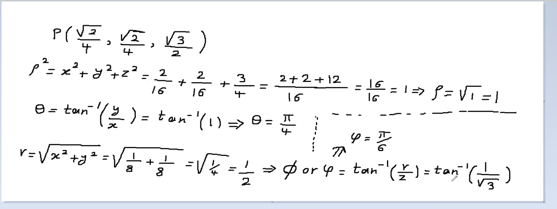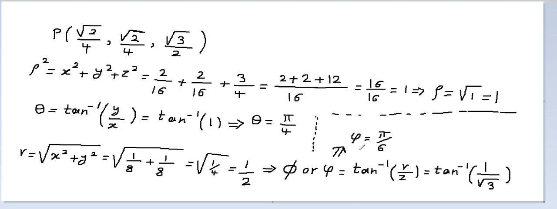Now, we are looking for an angle phi whose tangent is 1 over the root of 3. And look at here again. Since z is positive, z is located above the xy plane. So it means phi must be an angle between 0 and pi over 2.